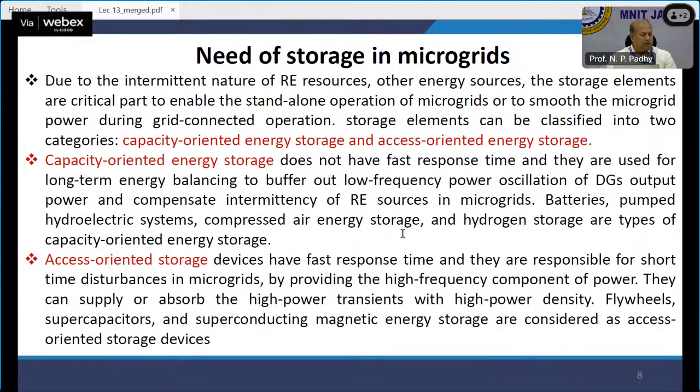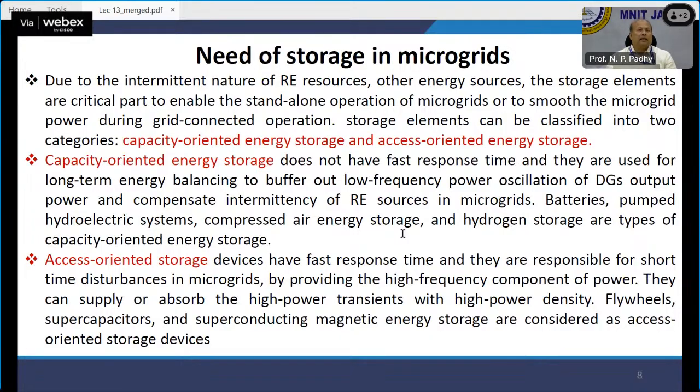So first is about the intermittency of the renewable energy which has been integrated to the microgrid. Due to the intermittency nature of renewable energy sources, the storage elements are a critical part to enable the standalone operation of microgrids or to smooth the microgrid power during grid connected operation.